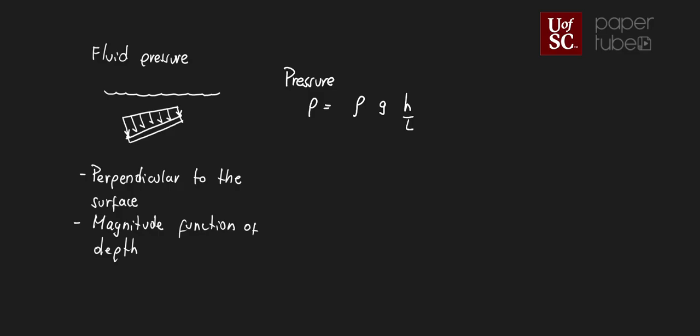This h is the depth. So for example, for this first point, this is going to be my h1 over here, the depth of that particular point. Over here, when it's deeper, it's going to be my h2. So I'm going to have more pressure here because h2 is larger than h1. g is my gravity, or acceleration due to gravity.